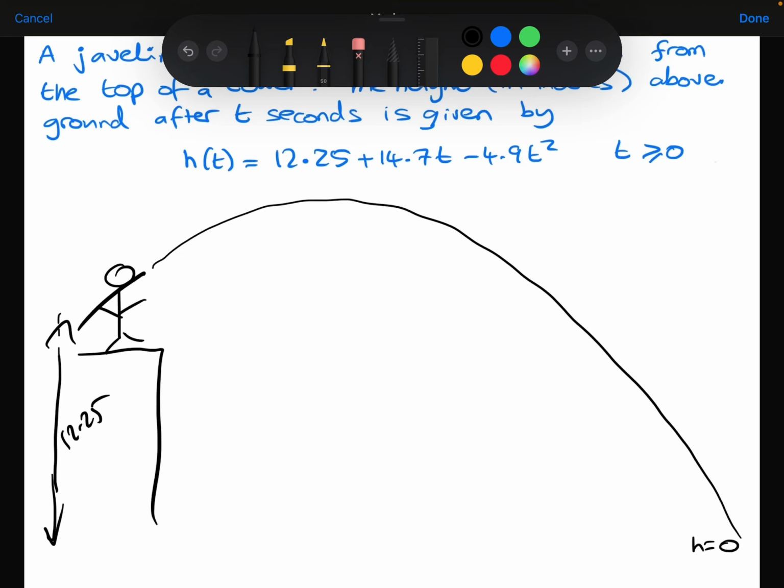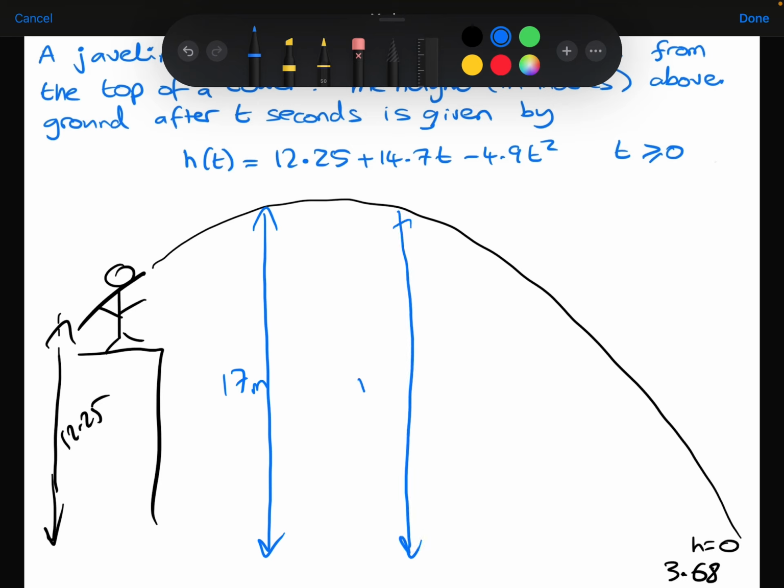It hits the ground after 3.68 seconds. And we are saying that it is 17 metres above the ground in two places. 17 metres above the ground here at 0.37 seconds. And it's also going to be 17 metres above the ground here at 2.63 seconds.